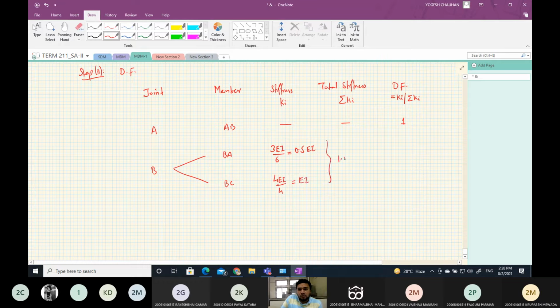So total stiffness is 1.5 EI, so this will be 0.33 distribution factor, and for this it will be 0.67.